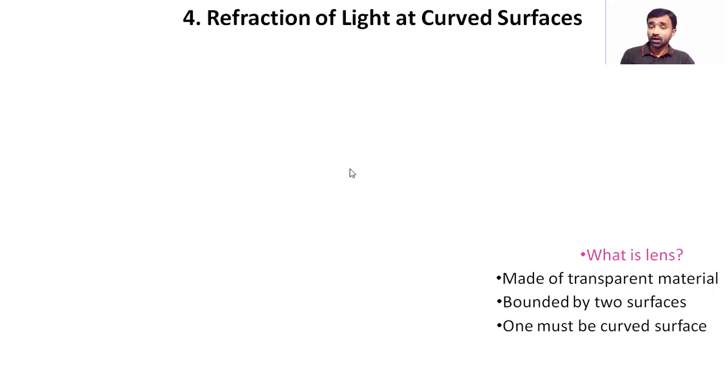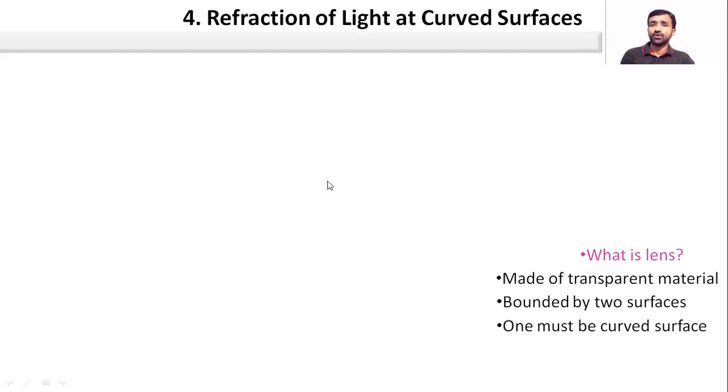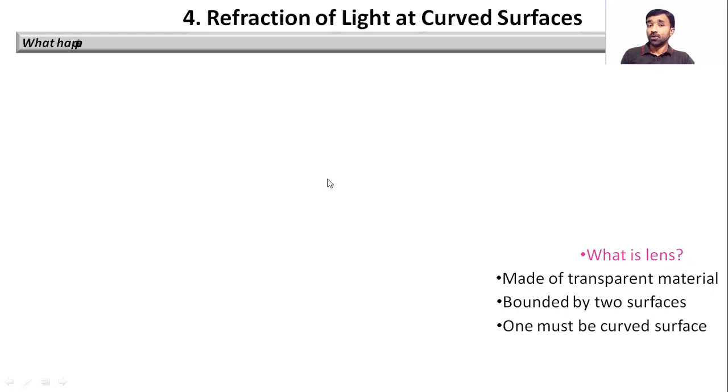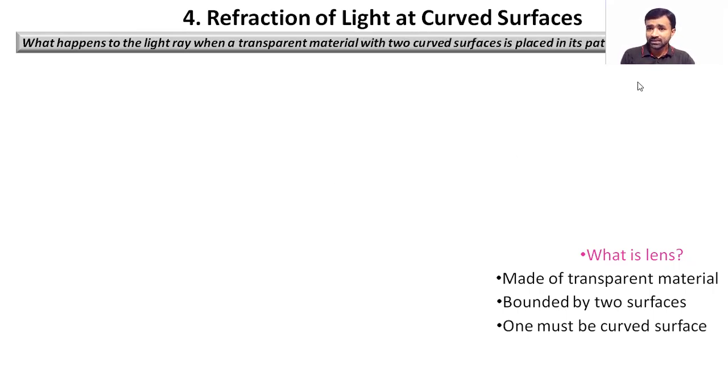Then one more question to you here. What happens to the light ray when a transparent material with two curved surfaces is placed in its path? Here light is propagating in a certain direction. If you place a lens bounded by two curved surfaces, what happens?